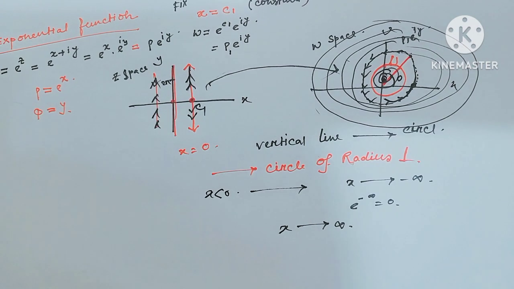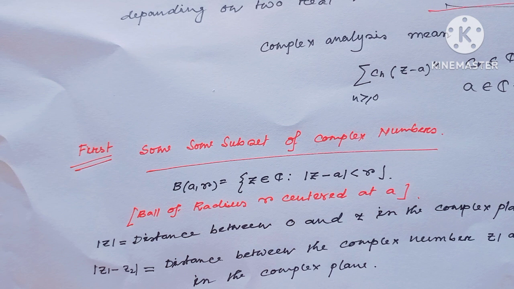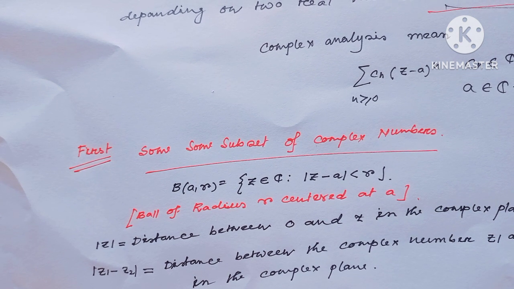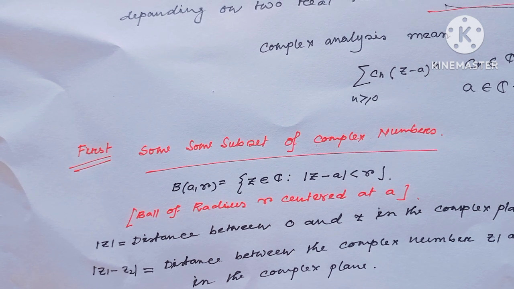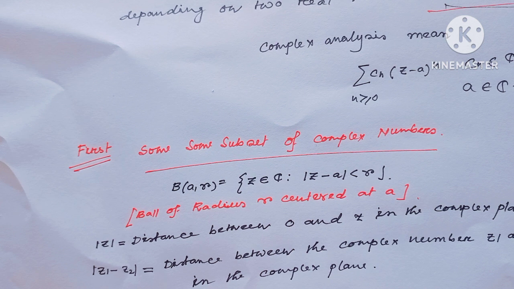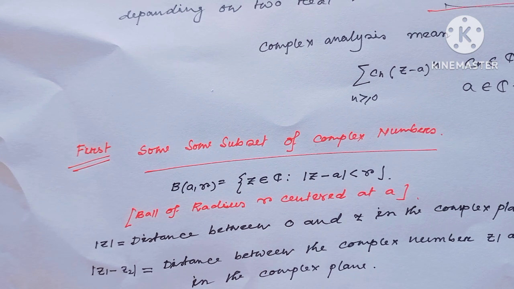Okay. I will look at some subsets of the complex numbers, the ball B(A, R). We all know a ball in a metric space. What is the ball in the complex plane?